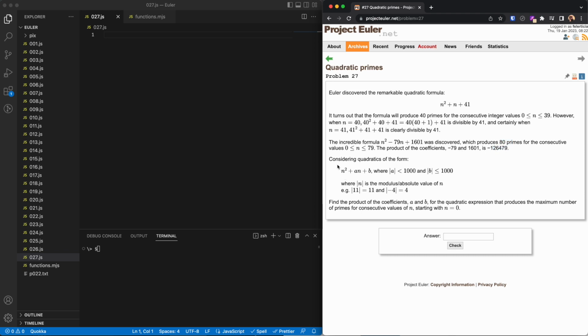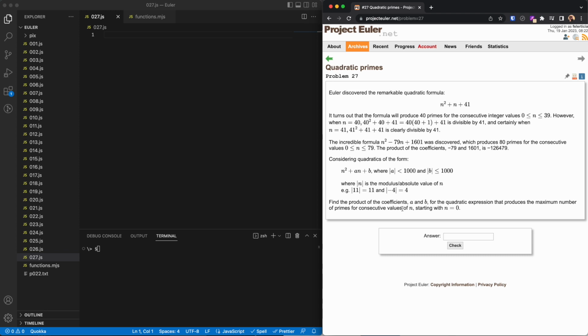If we have this form where the absolute value of a is less than 1000, so a is from minus 999 to plus 999, and b is less than or equal to 1000, so b is from minus 1000 to plus 1000, where n is the modulus or absolute value of n, right?